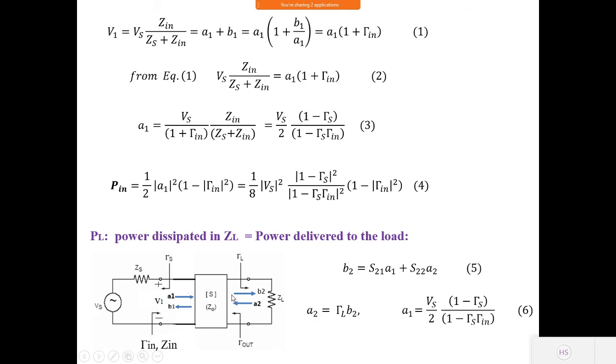Z out is related to tau out, and the reflection coefficient tau L is related to ZL. So ZL must be the complex conjugate of Z out, then maximum power will be delivered to ZL. In other words, tau out must be the complex conjugate of tau L, then maximum power will be delivered to ZL.